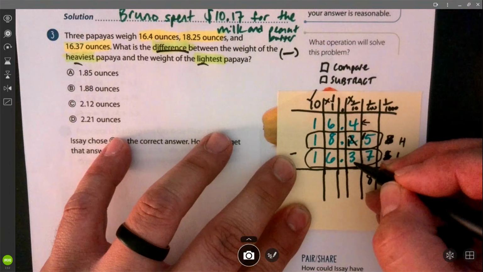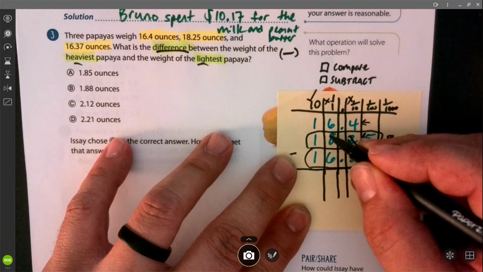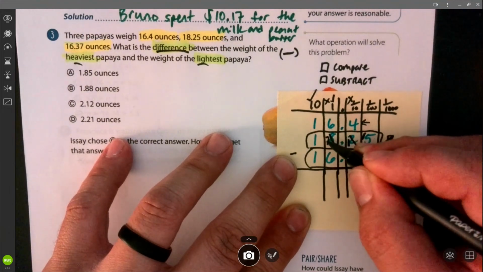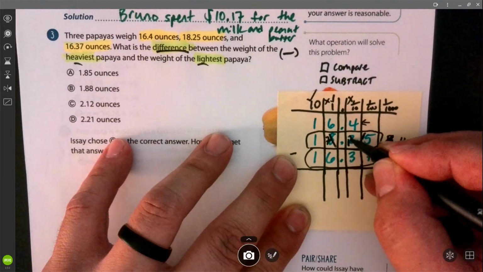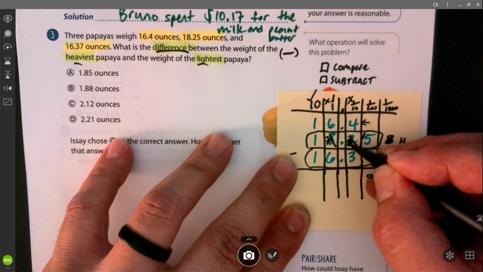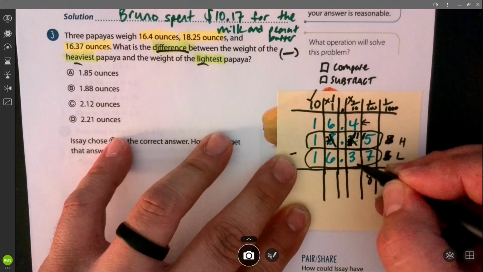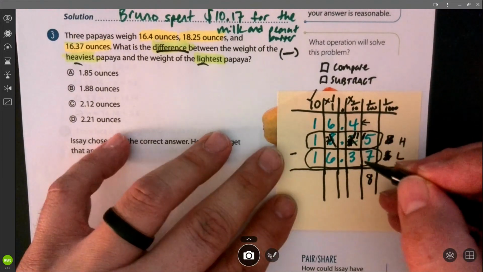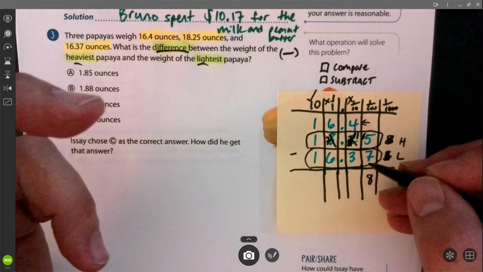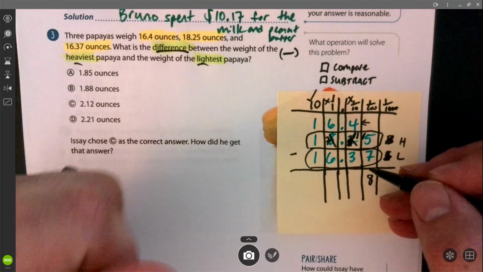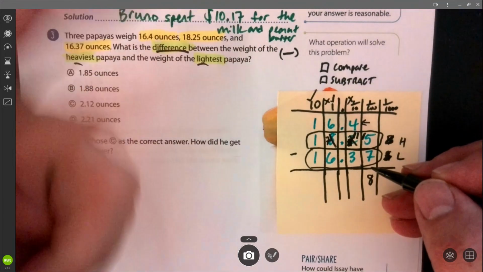1 take away 3. I'd like to say 2, but no. I can't do that. I'm going to come over here and regroup 1 from the 7, and that is now an 11. That looks terrible, so I'm going to put it up there. 11 take away 3. I could count back, but I'm going to count up because that's my strategy. 3, 4, 5, 6, 7, 8, 9, 10, 11.